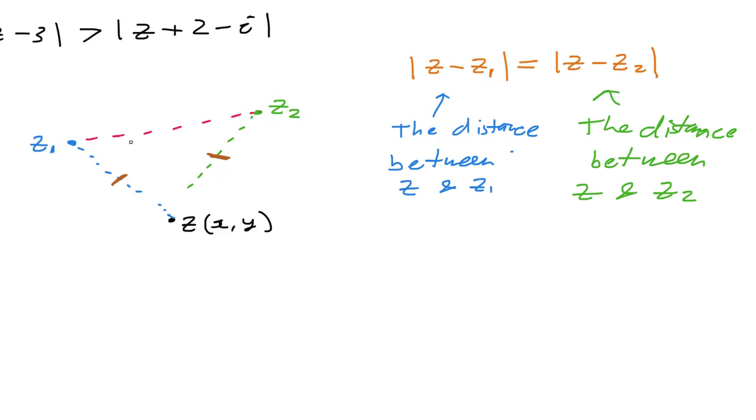So z could move to here, because then these two lines would be the same. It could move up here, or all the way down here, because these two lines could be the same.